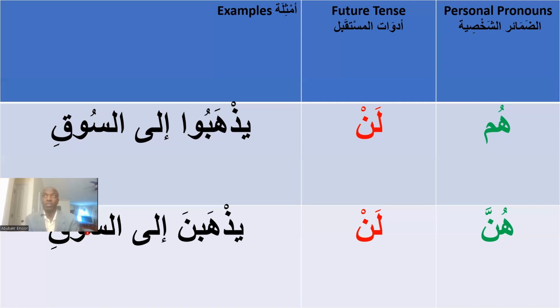If you are talking about two people who are absent, also the noon is dropped, and if you talk about a group of people, the third person, they masculine, the noon is dropped and you add an alif.